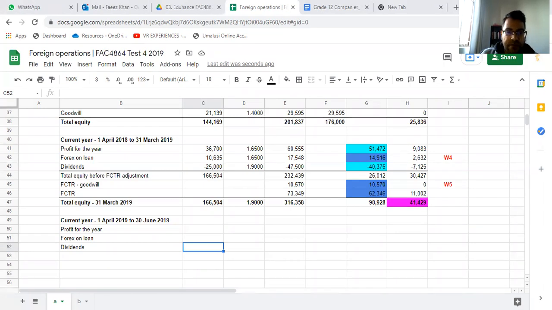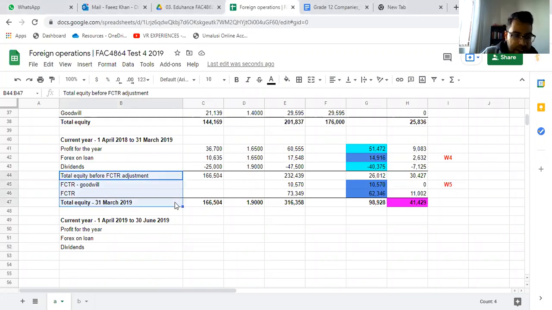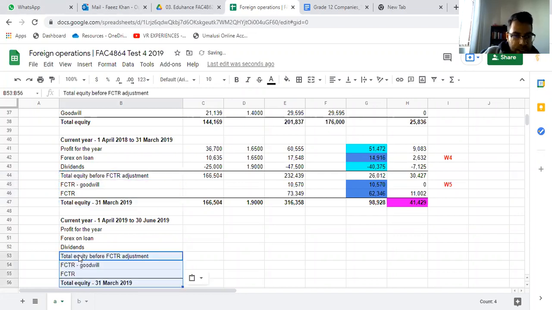So now we'll get the information. I'm just going to do the same as I did over here. Okay, total equity. Yep.